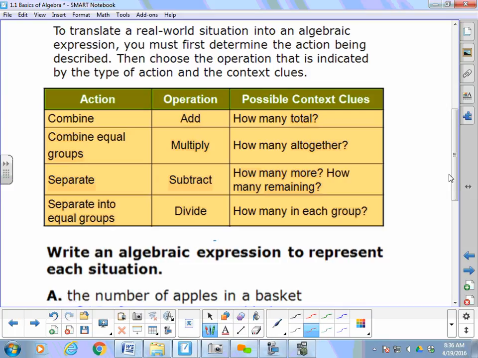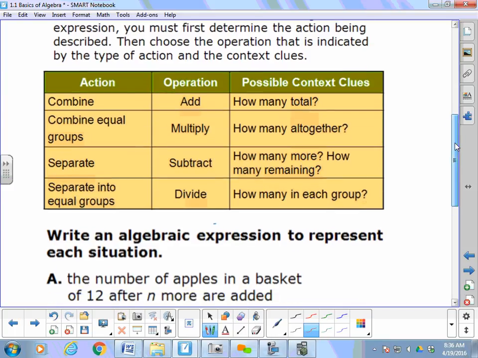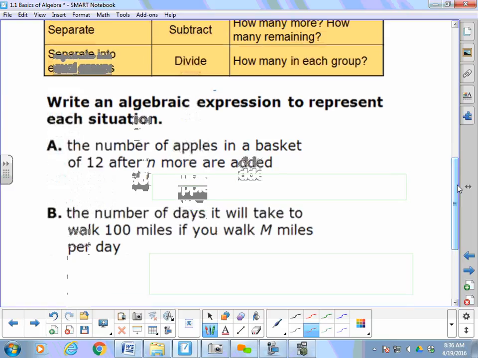All right, so sum, product, difference, quotient, and many other ways those can be written. All right, so here's a couple examples that I have up here that are not on your paper.